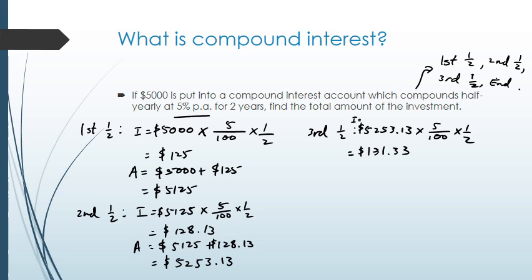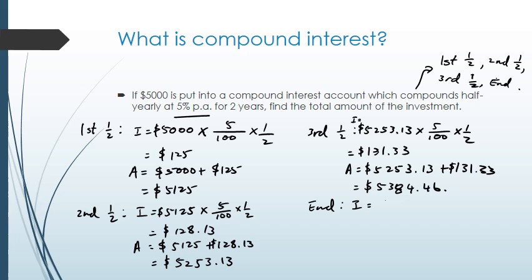And notice that the interest is increasing over time because of the starting amount that we get. Then the total amount we get would be 5253.13 plus 131.33, which means the total that we get would be 5384.46.